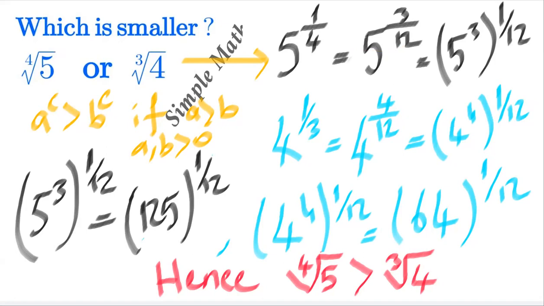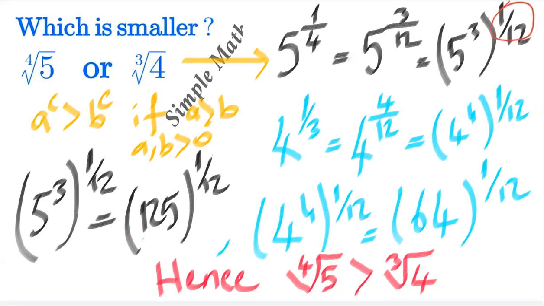In the new case, if we take this power part outside, and same thing if we do it here, we use the multiplication rule. Remember, if we have two powers, we can multiply the powers. So this equals 3 over 12, and this equals 4 over 12. We didn't change anything, we just rearranged it so we can understand which one is bigger or smaller.